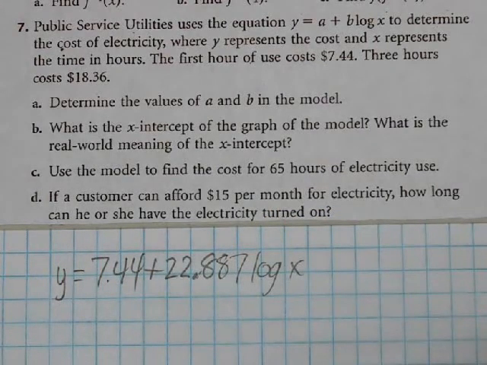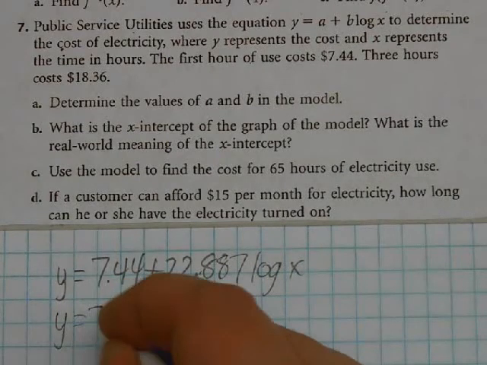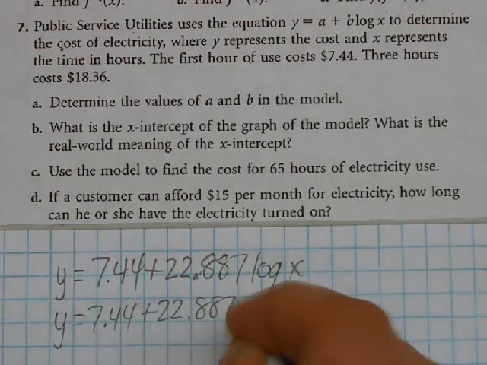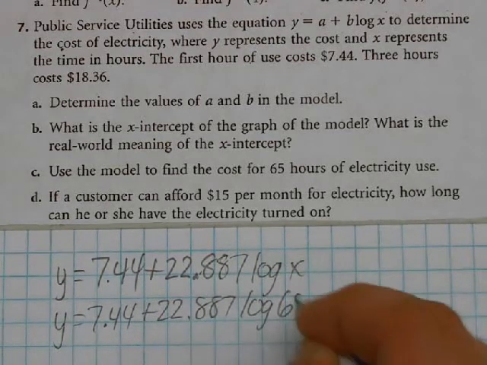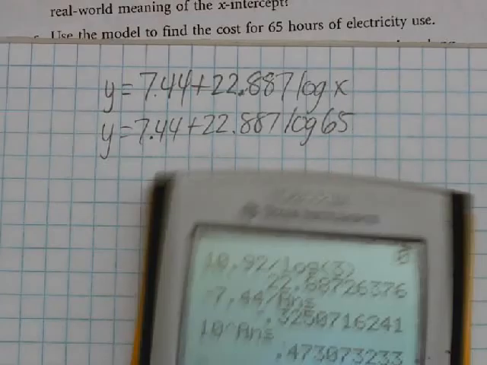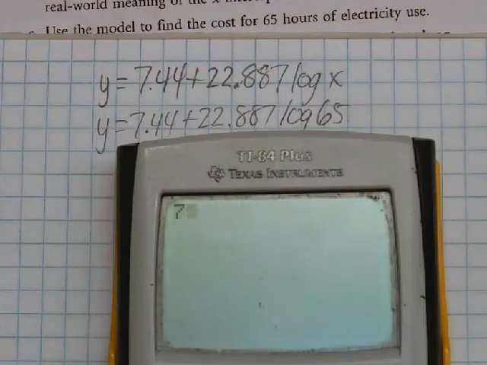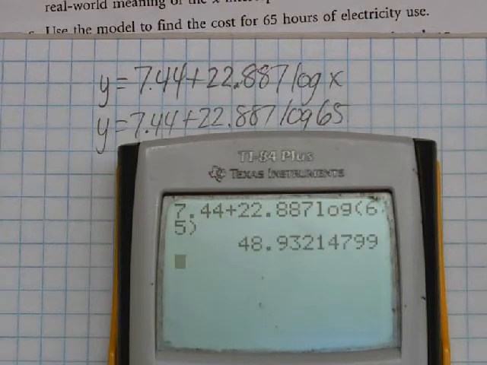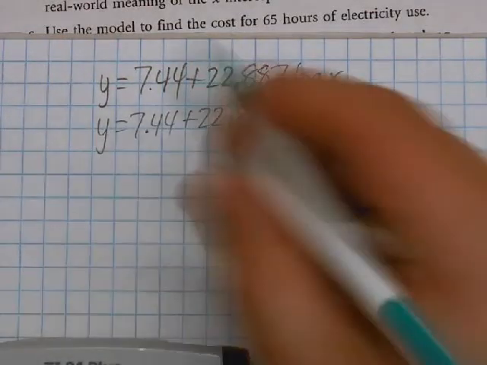We'll plug 65 into the correct variable, which would be hours. Type it in. We get about $48.93.